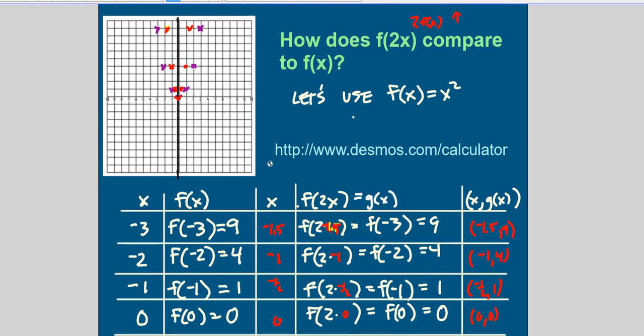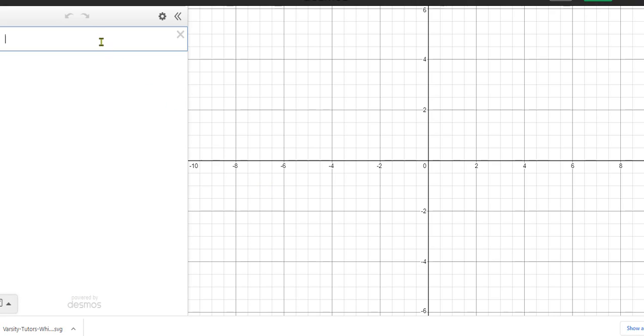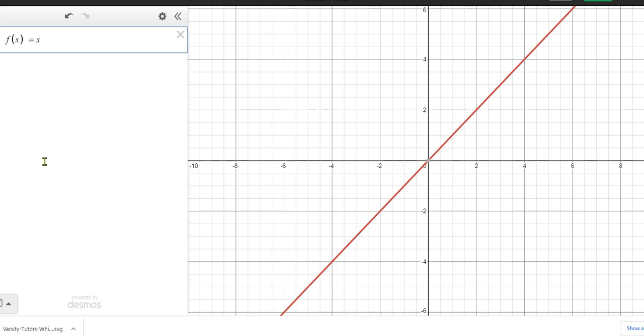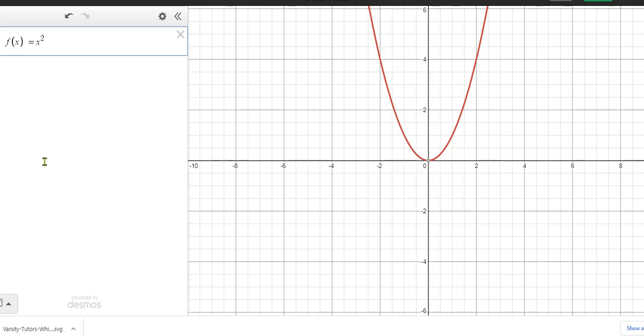Now, let's demonstrate this on the Desmos Graphing Calculator, which is really useful here. So let's get that open. So let's graph the original function, we'll call f of x equals x squared. There's our nice parabola. So now let's create a function g of x.